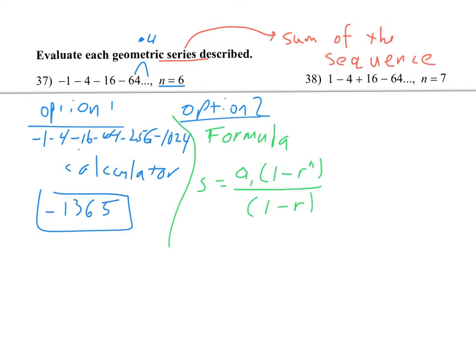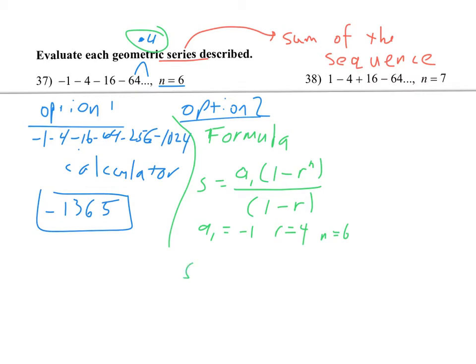And so in this case, we can see that the first term is -1. We could also see that r is 4, since that's what's being multiplied every time here. And then n is the number of terms, and so this one says 6.